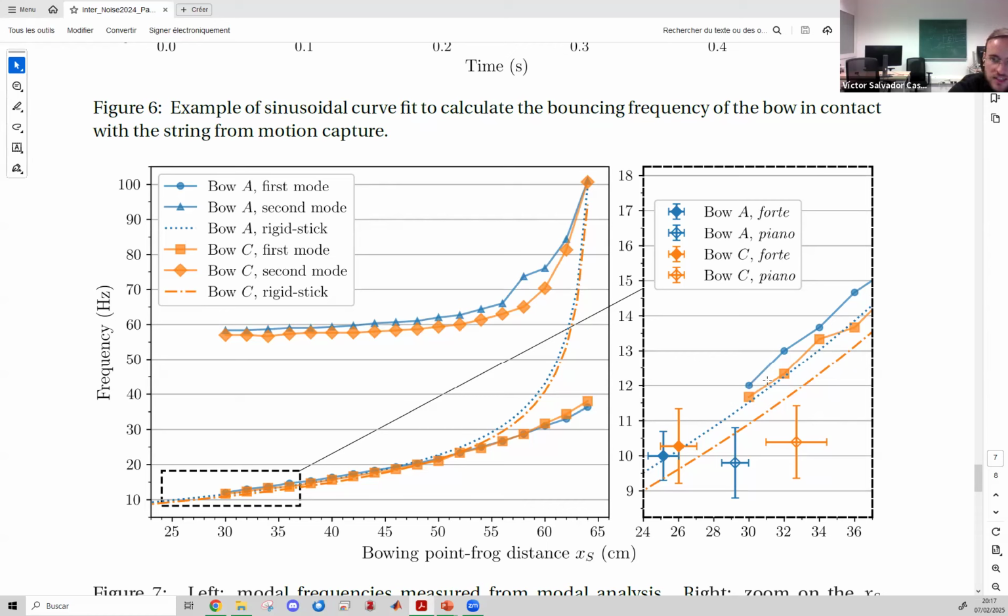For example, if we want to measure a mode at a frequency of 13 hertz, for bow A it's closer to the frog than for bow C. We will have the same mode because these are modes that vary depending on the contact point of the string.